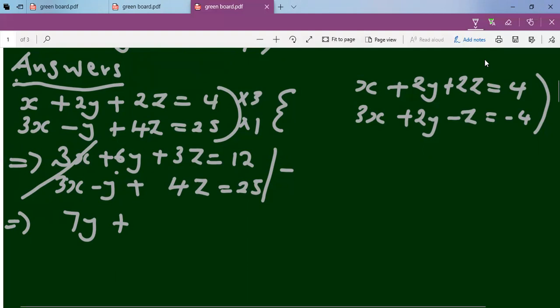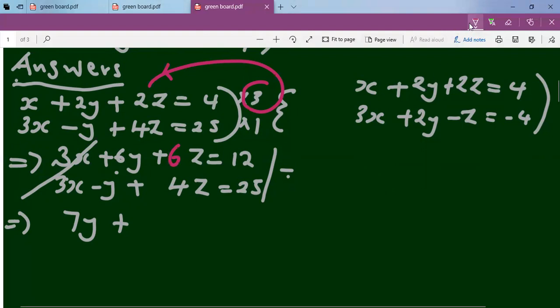Sorry, it is 6y minus y here. Okay, so take note, I'm talking about the last one. It should be z. Please take note of this one, I think it's very important. I think we missed that one. Take note here: when you multiply 3 by this, the answer is 6. So here it's supposed to be 6. All right.